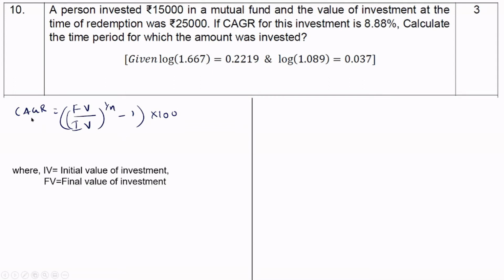So here all these are given. Compound annual growth rate is given, final value is given, initial value is given. We need to find n.